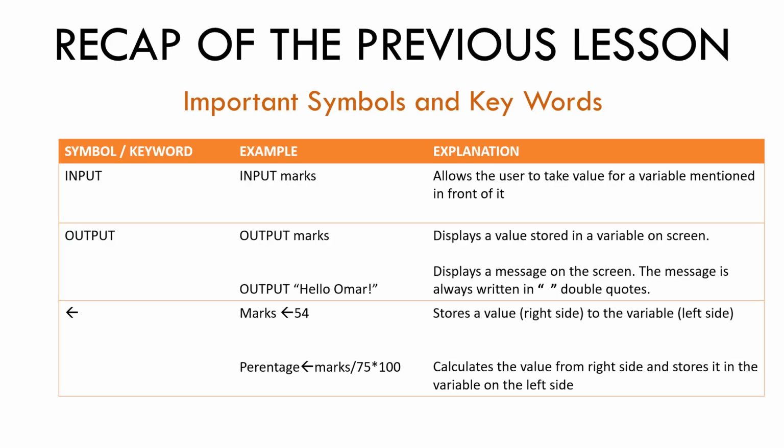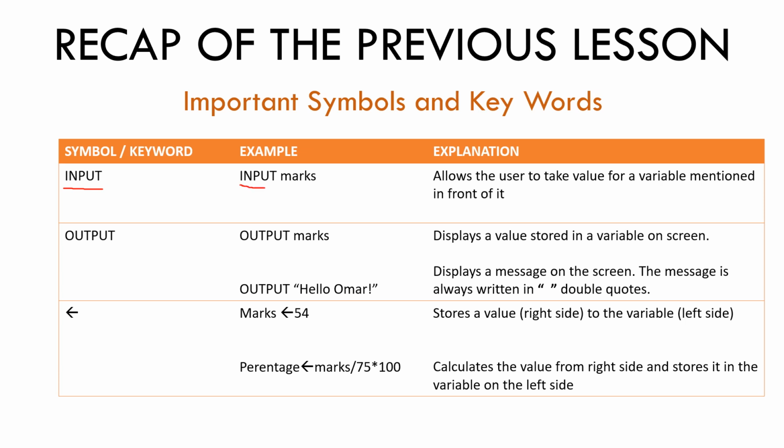You learned about only three sorts of symbols and keywords. One of them was input. Input basically allowed you to enter marks. If you look carefully over here, this was input. That is how we used to write input, and there was a method for how you would write input and explain what you want to input.